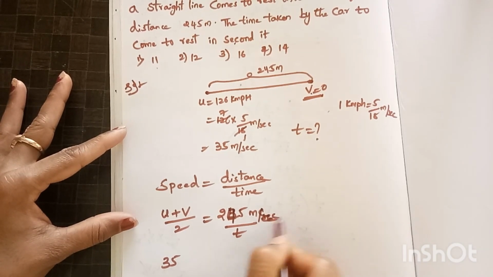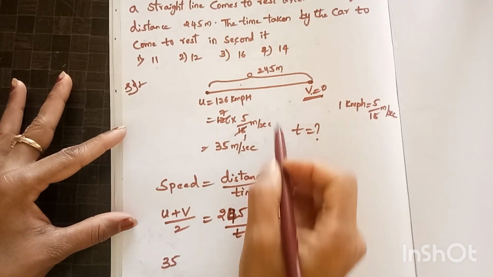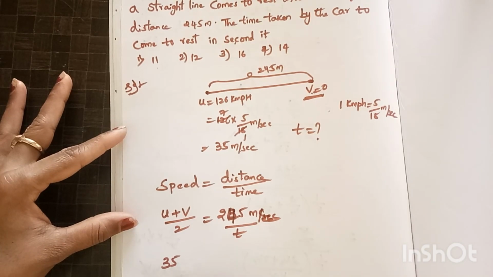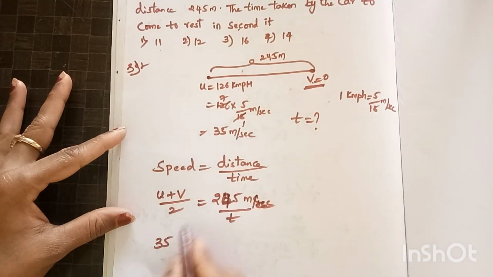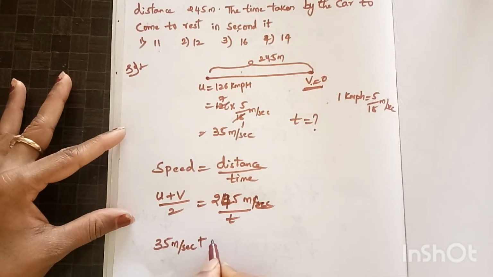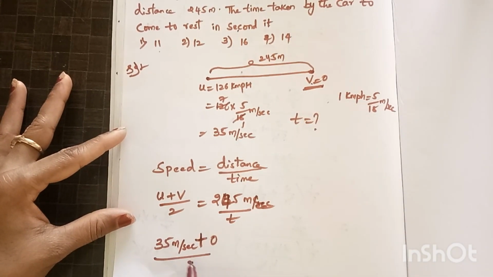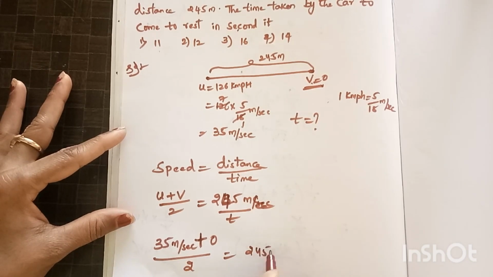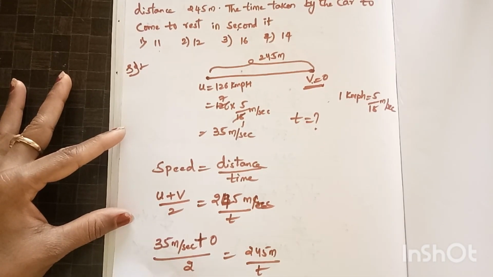The distance is 245 meters by time t. So what is the u value here? 35 meter per second, plus v value is 0, by 2 is equal to 245 meters by t. So 35 plus 0 will be 35 by 2 is equal to 245 by t.